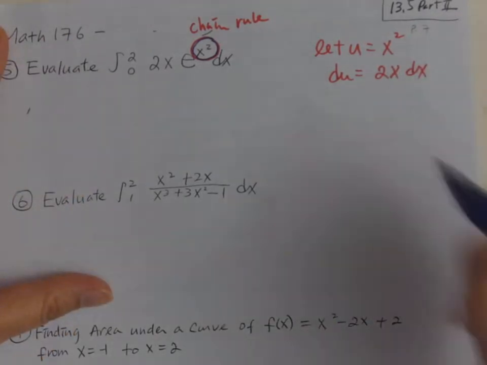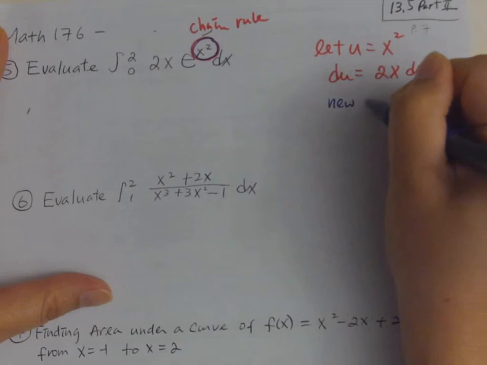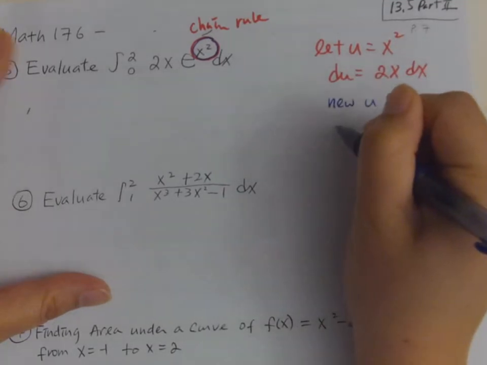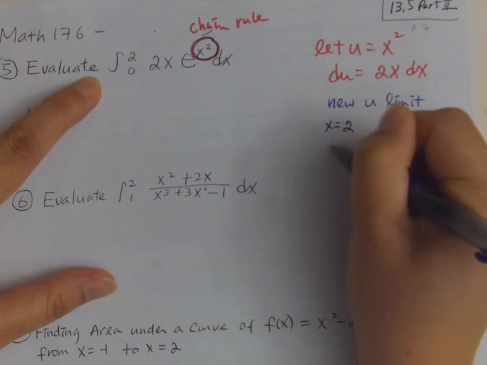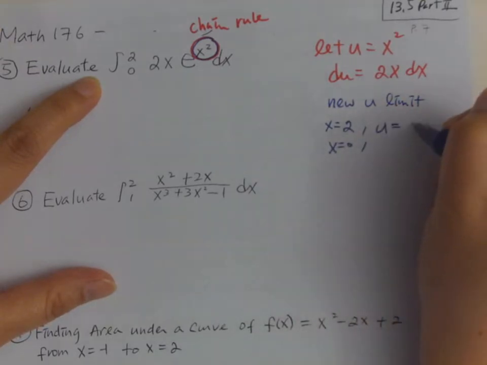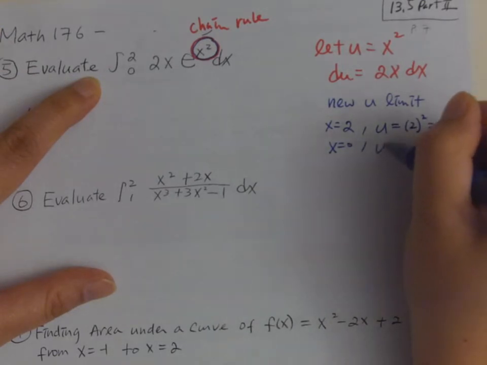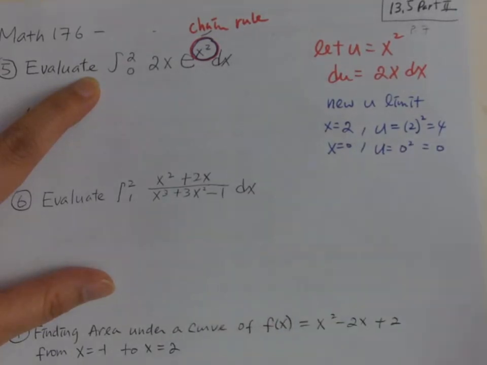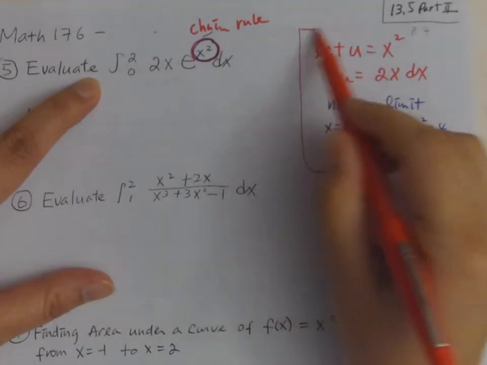So let's go ahead and find the new u limits. So I have x equal to 2, x equal to 0, and u equal to x squared. So 2 squared equals 4, and then 0 squared is still 0, right? So those are my new limits. Ready to plug it in?